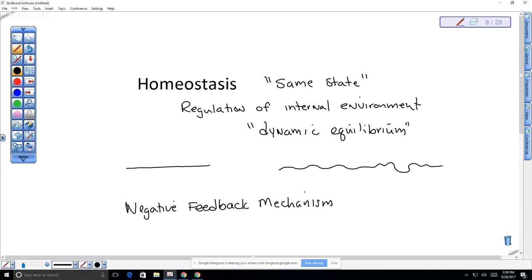Some people think negative means that it must be bad. That's not what it means. Positive feedback mechanisms are generally bad for the body because they do not regulate homeostasis. It's the negative feedback mechanism, meaning that it is negative in that the response to the stimulus will decrease the stimulus. So it tends to regulate.